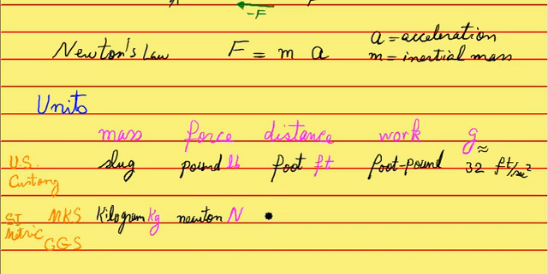So the unit of distance, of course, as we just said, is meters, about 3 feet. The unit of work is going to be Newton meter. Let me write one version of it: Newton meter.